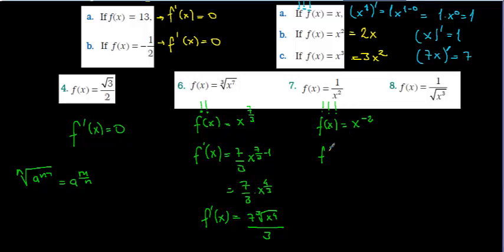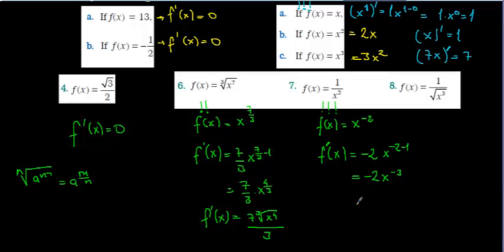Why do we have to be careful here? f derivative x is equal to, the power comes in front, minus 2 times x to the power of minus 2 minus 1, which is equal to minus 2x to the power of minus 3. So when we decrease the minus 2, the answer is going to be minus 3. Generally, students get confused here and write minus 1. They write minus 2 minus 1 is equal to minus 1, which is wrong.